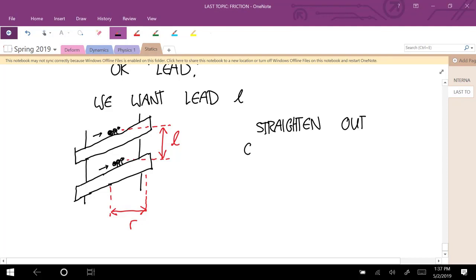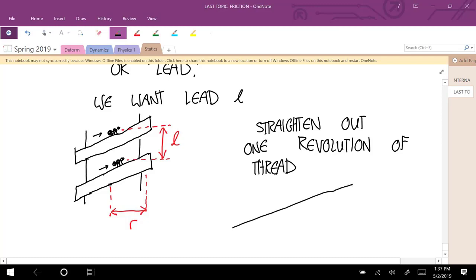So straighten out one revolution of thread. And what you would get is a long thing like this.